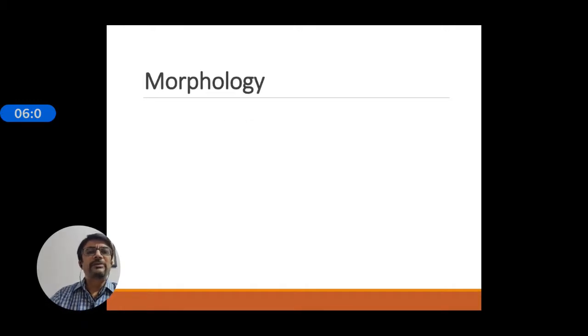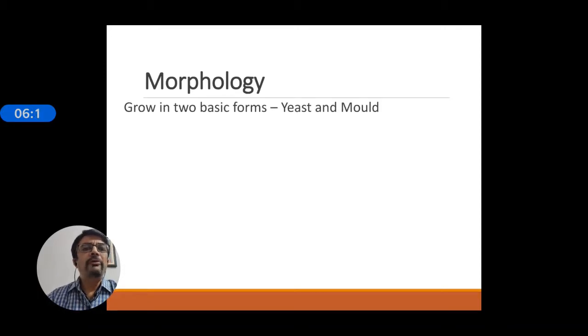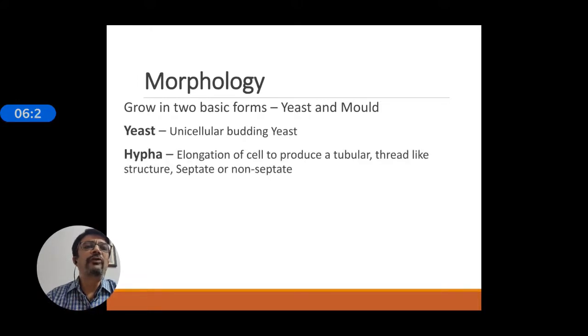Now we discuss the morphology of fungus. They have two basic forms. One is known as the unicellular yeast form, and the other is multicellular, which is also known as the mold form. Yeast is a unicellular budding form, and when they grow to form a tubular structure, if they have septa in between, that is known as septate, and if it is a continuous tubular structure, it is known as non-septate or aseptate hypha.